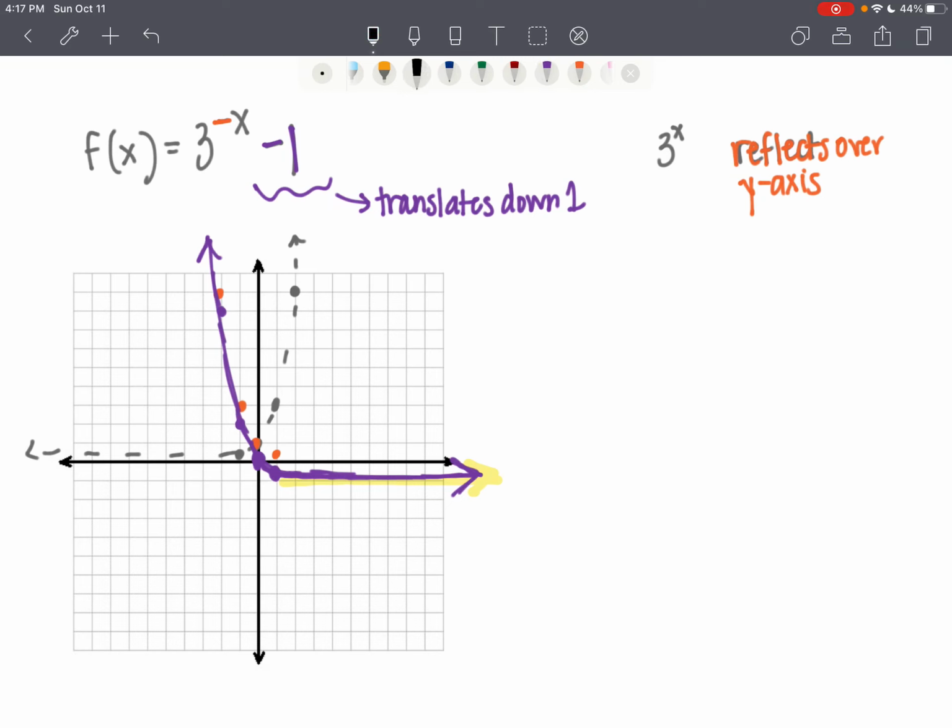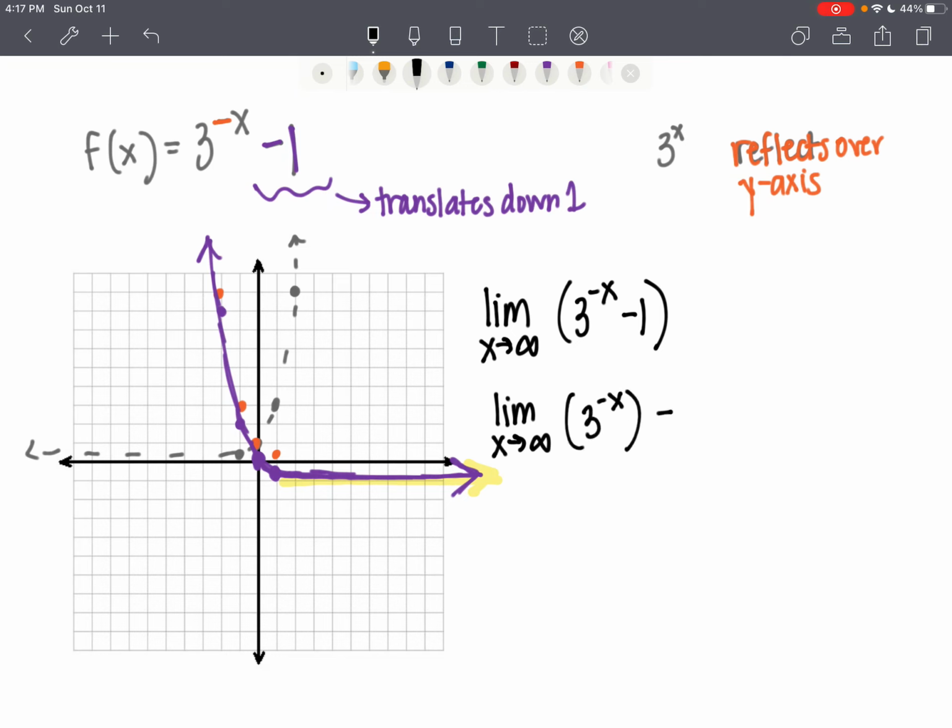So let's talk about the limit as x approaches infinity of our function 3 to the negative x minus 1. Let's rewrite this limit using some laws that we have. The limit as x approaches infinity of 3 to the negative x plus the limit as x approaches infinity of negative 1.